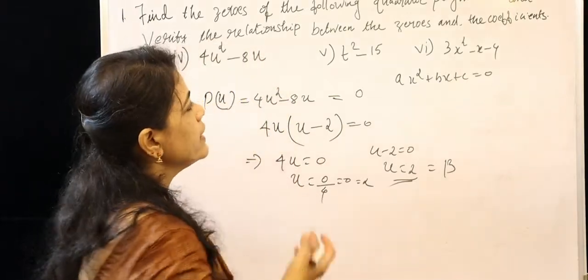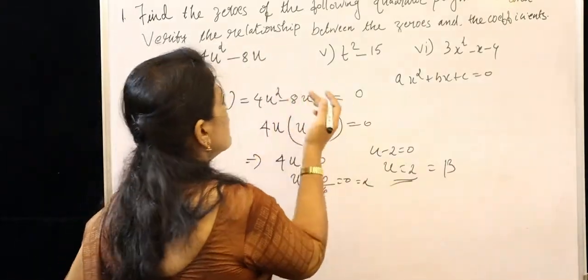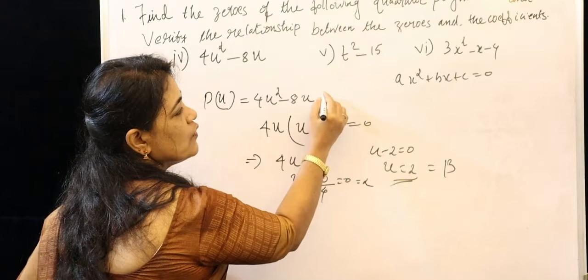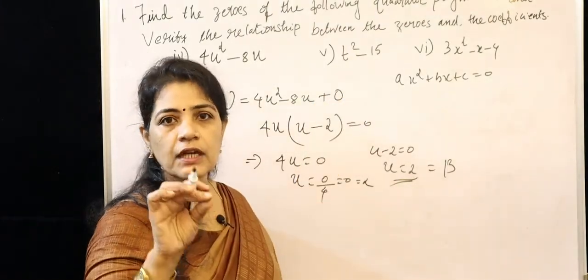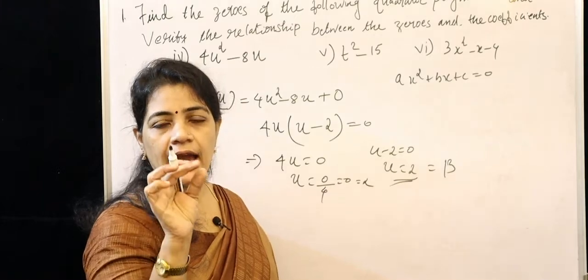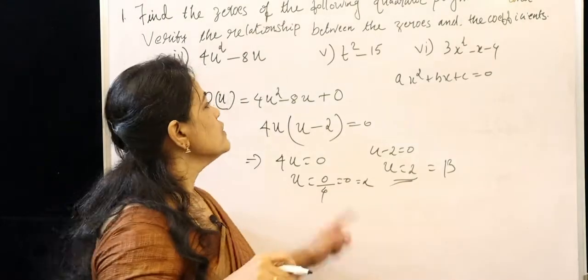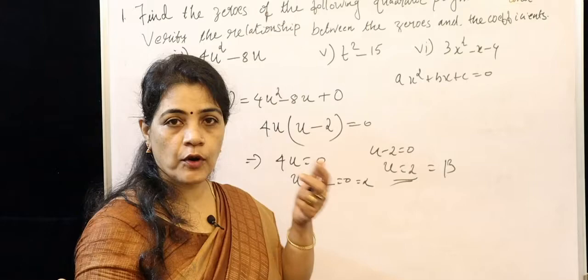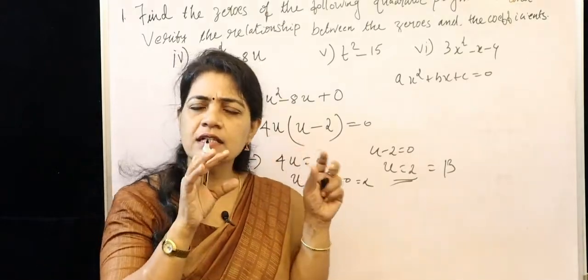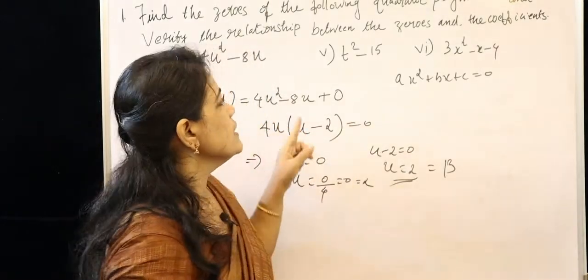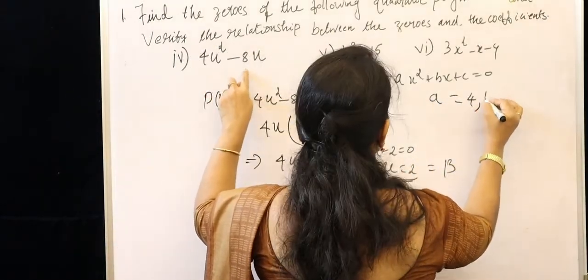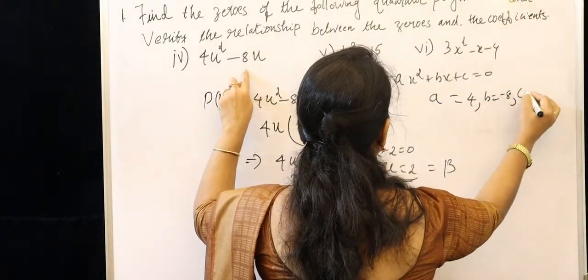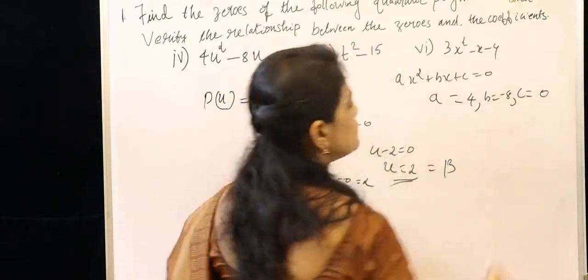Okay. So children, while comparing, I already told you this should be in the standard form. Here the constant term is missed. So I just put in place of constant c, I added 0. Okay. So there is no problem because we are just adding 0, which means nothing. Okay. So children, a is equal to 4, b is equal to minus 8 and c is equal to 0.